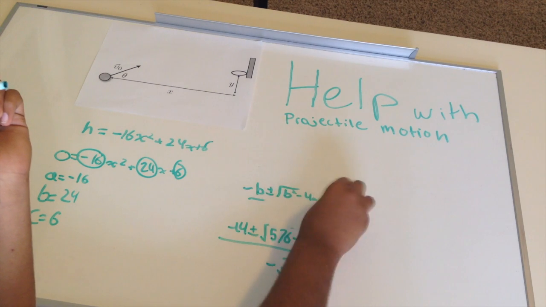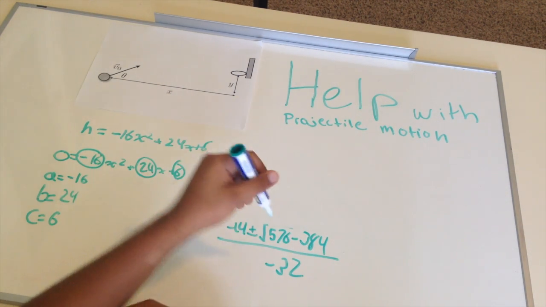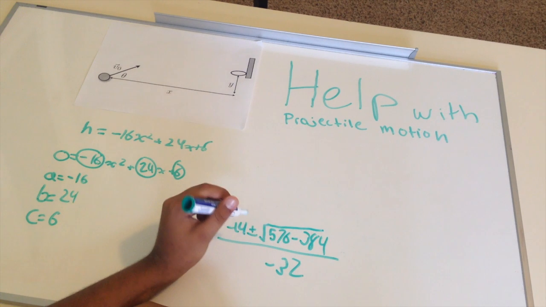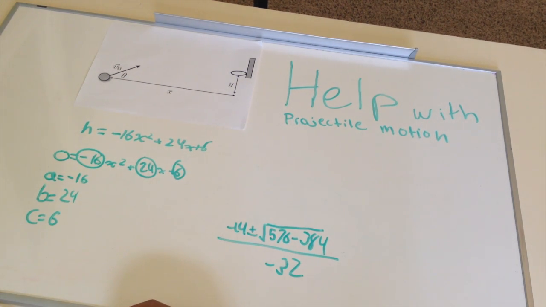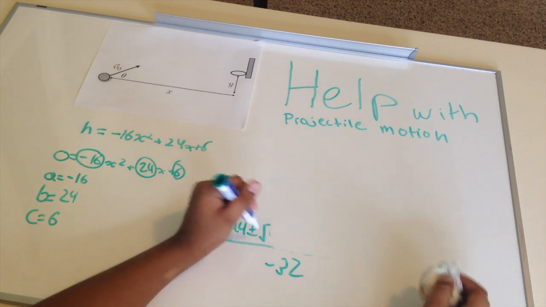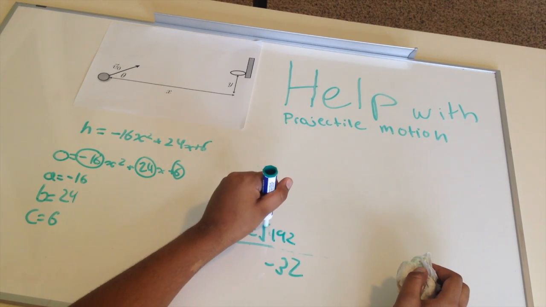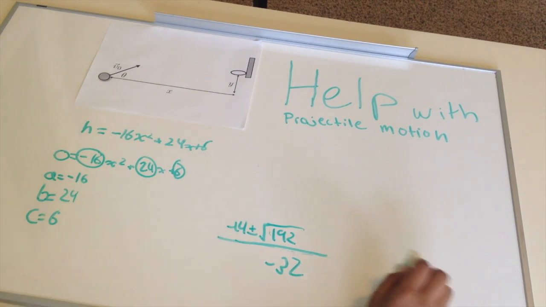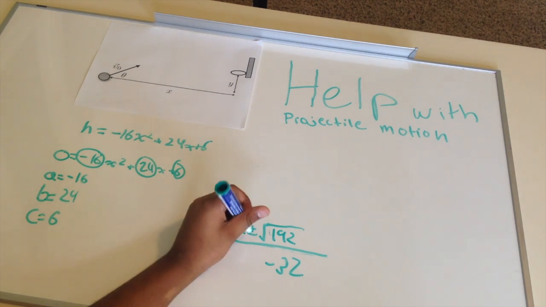Now we're going to solve this. 576 minus 384 is 192. So, negative 24 plus or minus the square root of 192 over negative 32. What we're going to get when we solve this equation is two answers, because of the plus or minus.